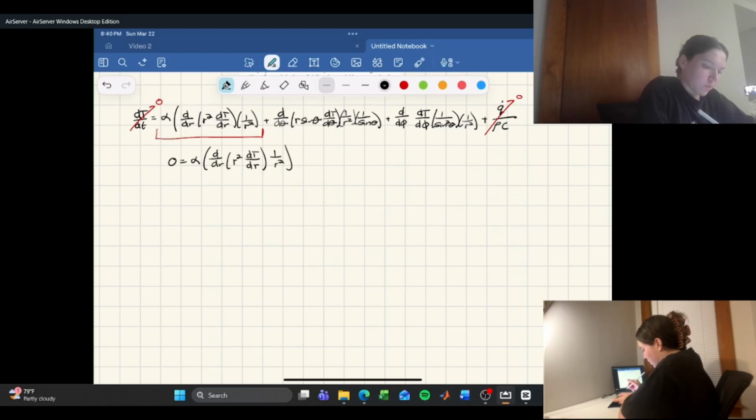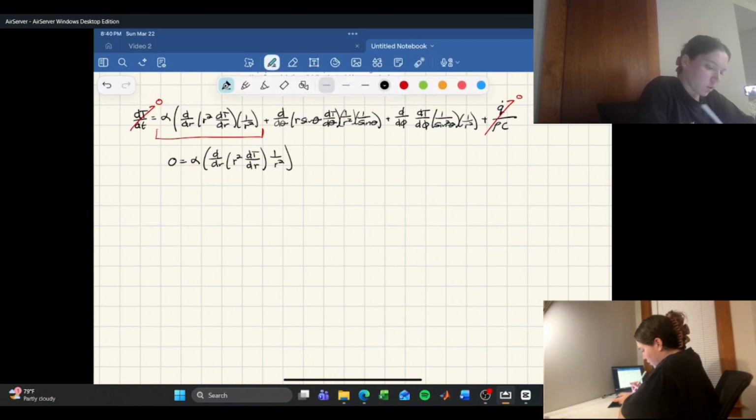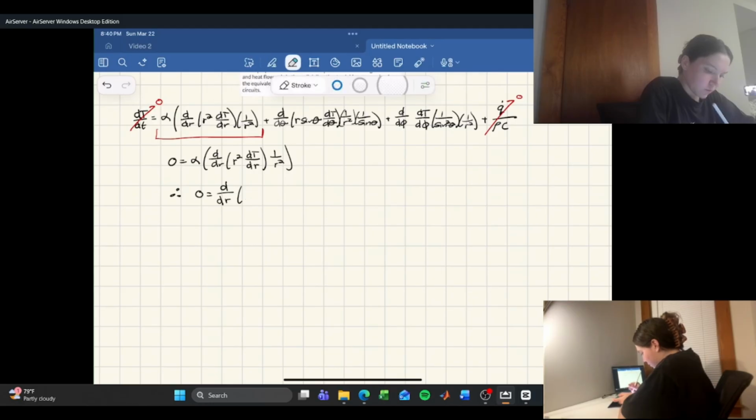And then, because it's equal to 0, we can divide this over and then multiply the r squared over. We're going to end up with this expression here, where 0 is equal to d over dr of r squared, change in temperature over change in position.